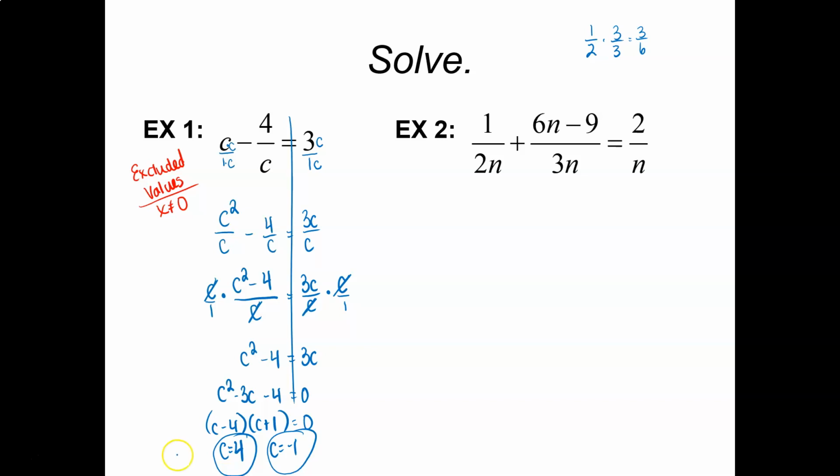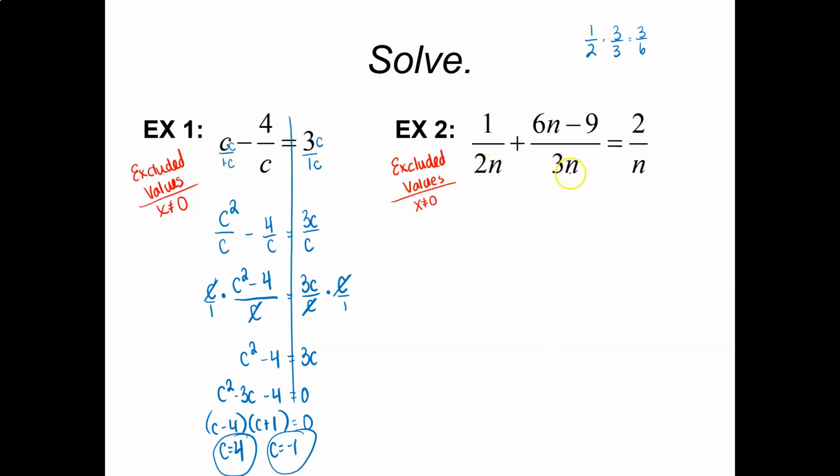All right, so let's look for excluded values at the beginning here, because I really should do that every time. So excluded values here, I'm thinking of anything that will make my denominators 0. What would make my denominator 0 here? It's 0.